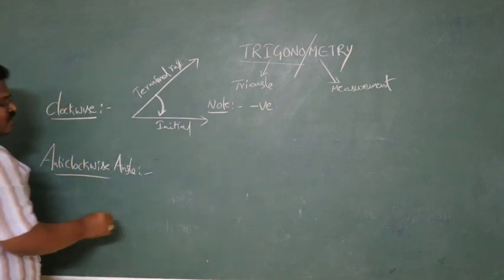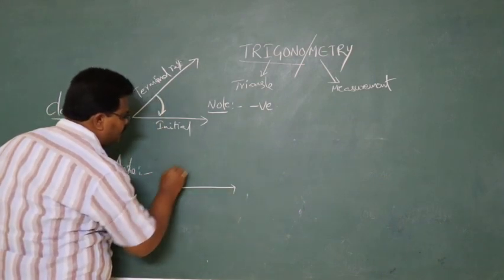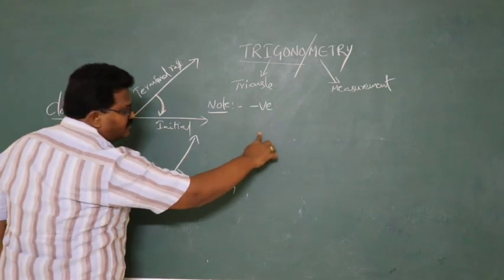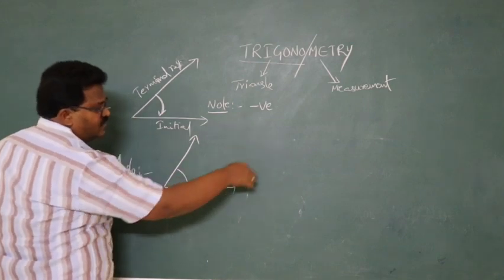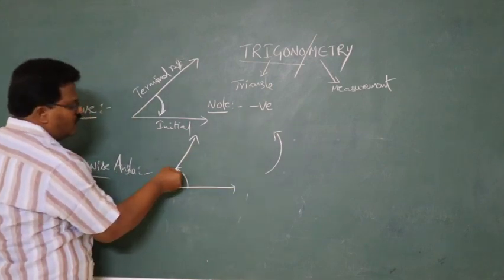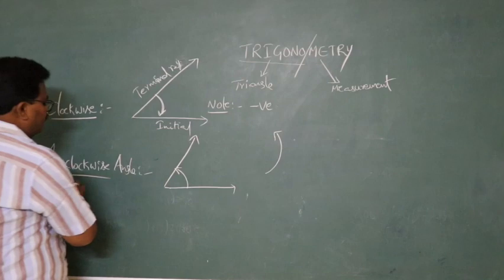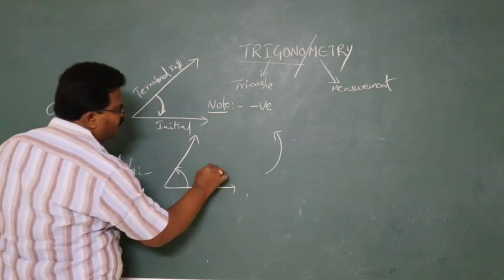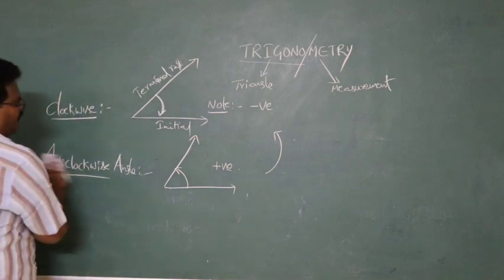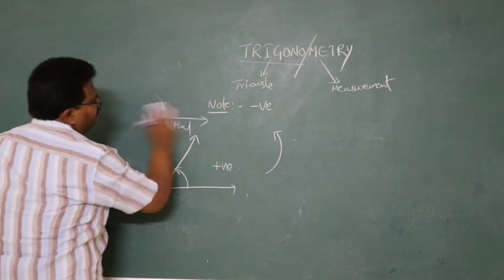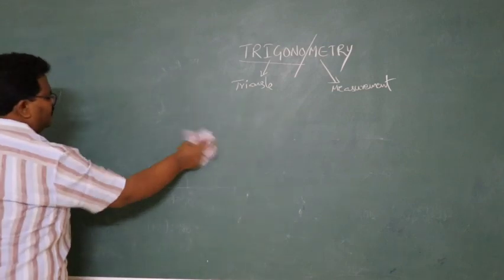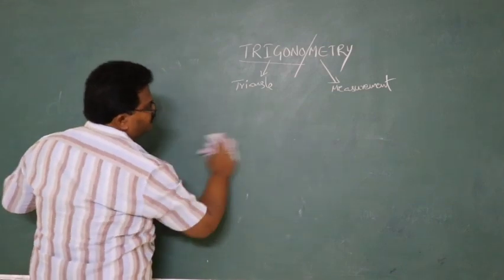If the terminal ray moves opposite to this, this is called anti-clockwise direction. The important point is, we treat the anti-clockwise direction as positive angle. So clockwise angle is negative and anti-clockwise is positive.